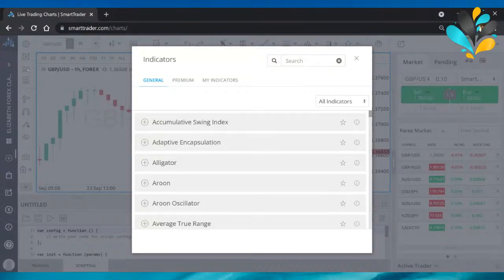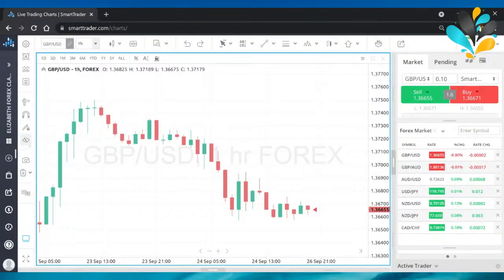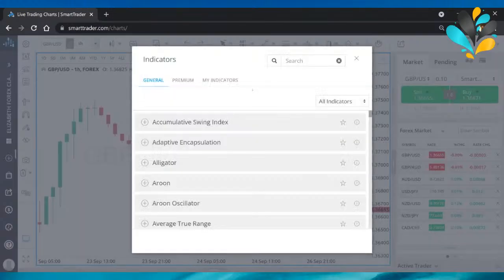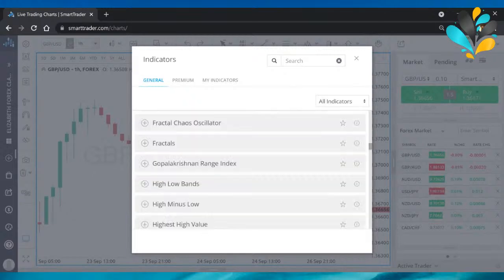So I did mention indicators when I was further down on the left side of the screen. So when we select delete all indicators, this is what it's referring to, indicators. So you have the ASI, Accumulative Swing Index, Adaptive Encapsulation, Alligator, A-Rune, so a number of indicators are here.